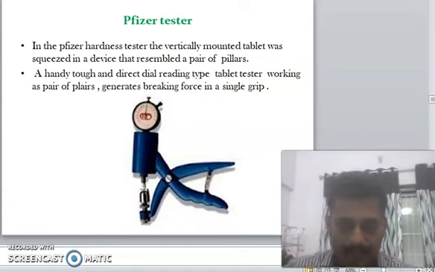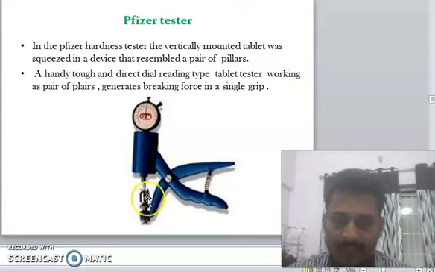In the picture you can see there is a whitish part. There you can keep your tablets. Then there are two pillars. You just squeeze it, and some pressure will be applied.